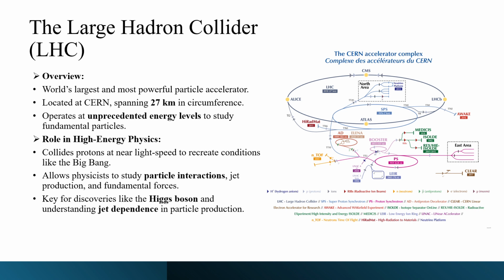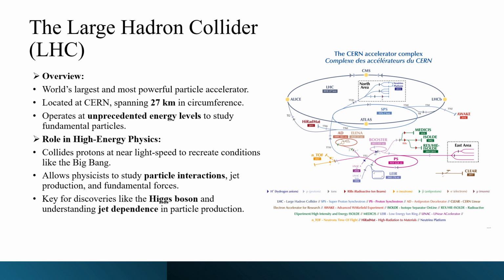And the last key discovery is the Higgs boson. The Higgs boson was also discovered at the LHC. How was this discovered? What is the Higgs field? The Higgs field is the field which gives mass to all elementary particles.